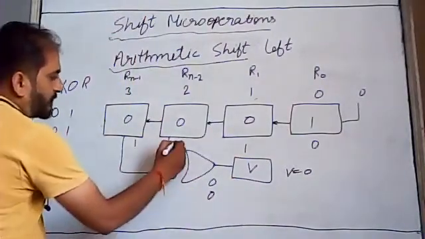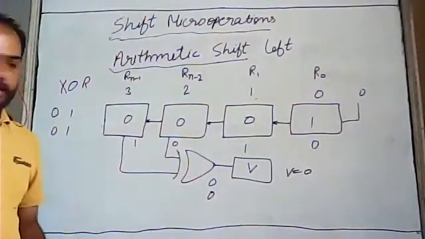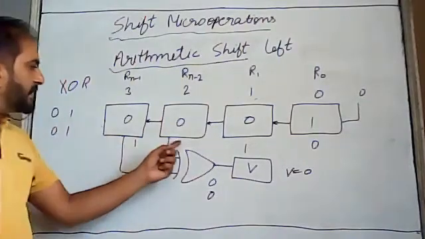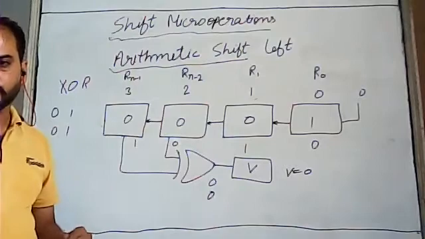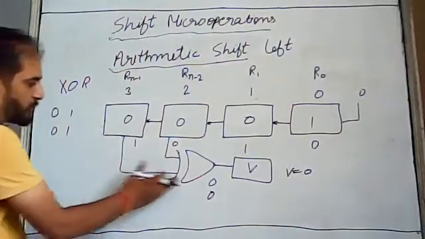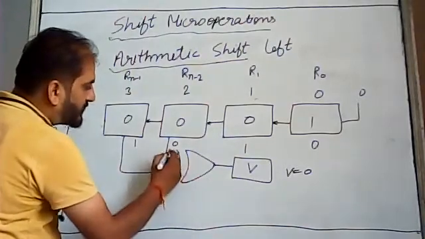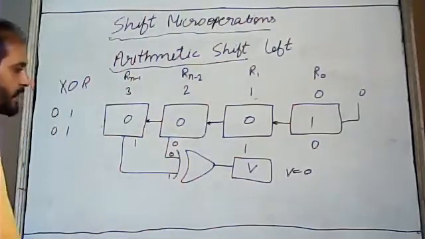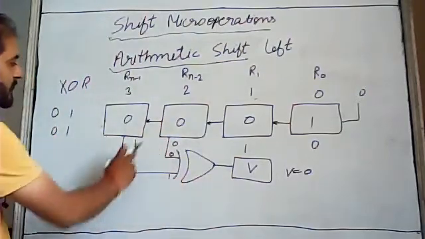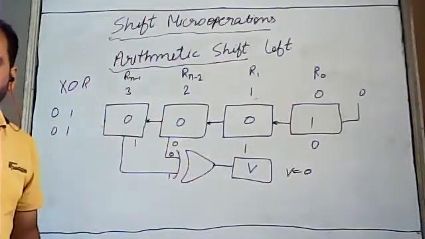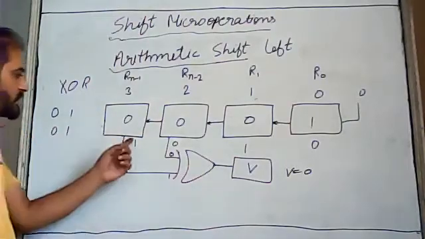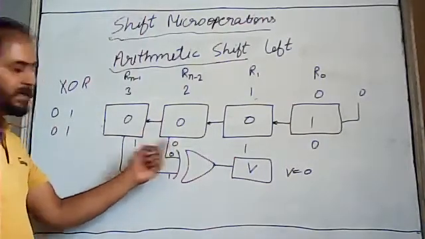If the last bit is 1 and the second last bit is 0, the inputs to the XOR gate are 0, 1. Here we have overflow, because the last bit is 1 and the second last is 0.